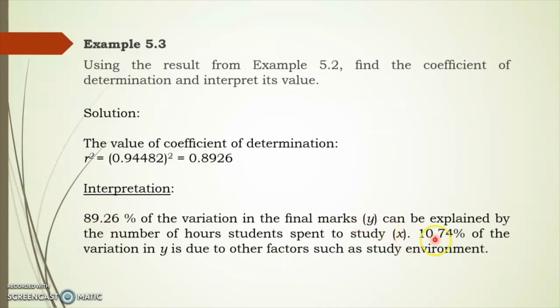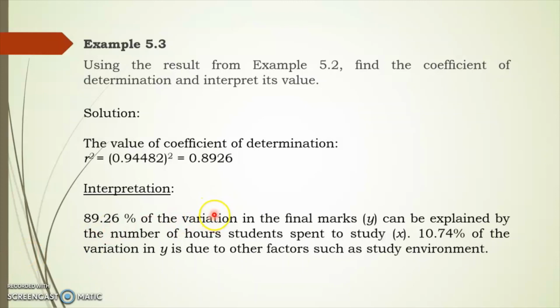The remaining 10 to 11% of final marks is due to other factors, maybe the study environment that could relate to the final marks. At least from this value, we can say that the number of hours spent to study has affected the final marks by 89.26%. Okay, class, is that clear?